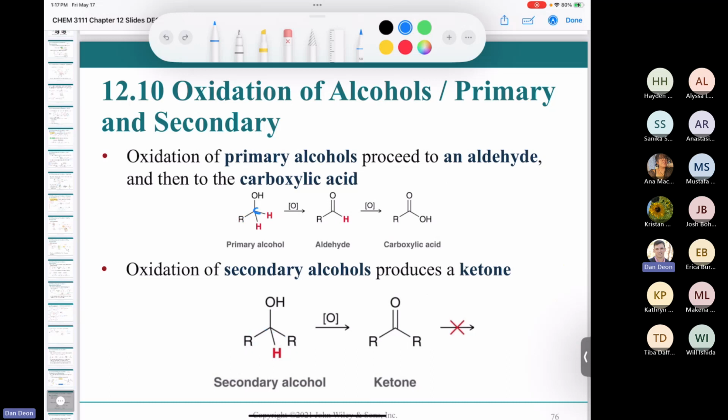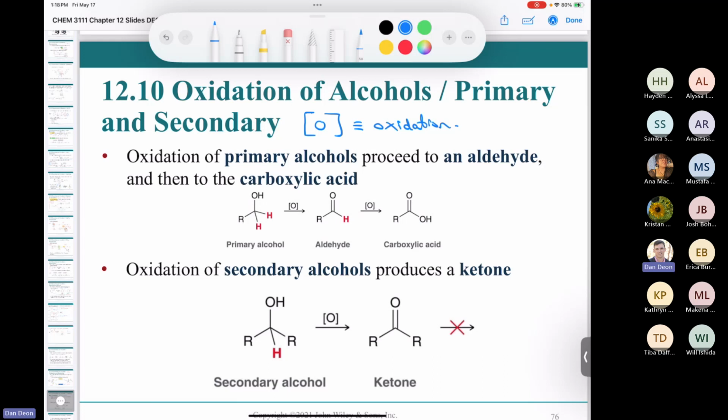So when we take a primary alcohol and we oxidize it, this little letter O in square brackets is organic chemistry speak that just means oxidation. It could be any number of conditions, but it just means an oxidation. So if we oxidize that, first it gets oxidized to an aldehyde. We lose 2 protons, and we gain a bond to oxygen.